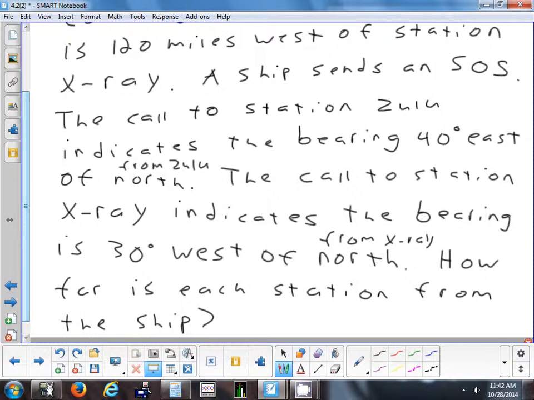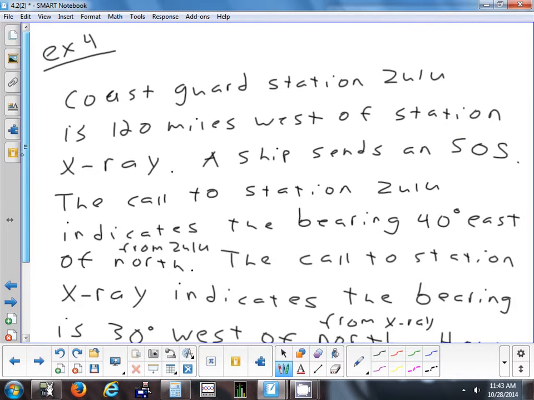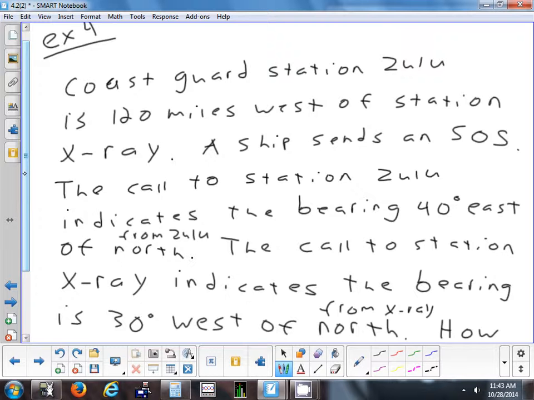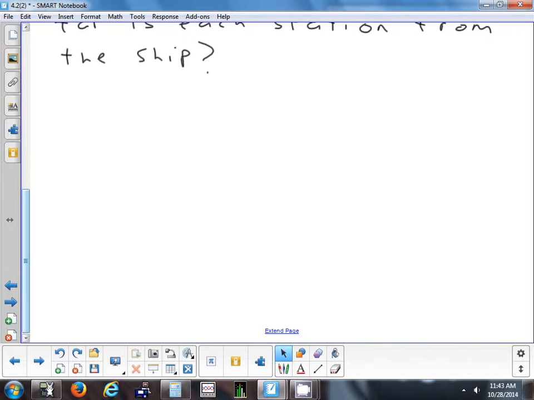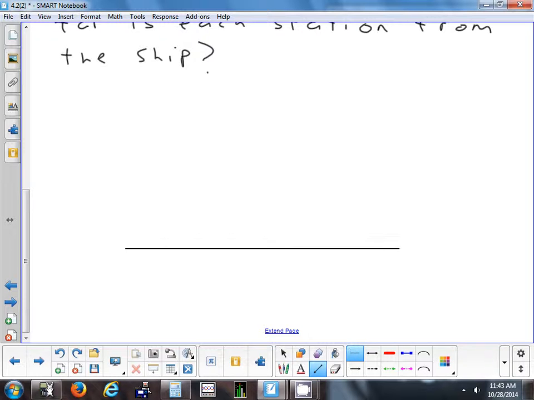All right, so let's try to make a diagram. Okay, first thing I'm going to do is draw what I'm going to consider the coastline. I'm going to make it a straight coastline, and I'll put the two Coast Guard stations right on it. Okay, so we've got Zulu and X-ray, and they're 120 miles apart. So here's our coast.